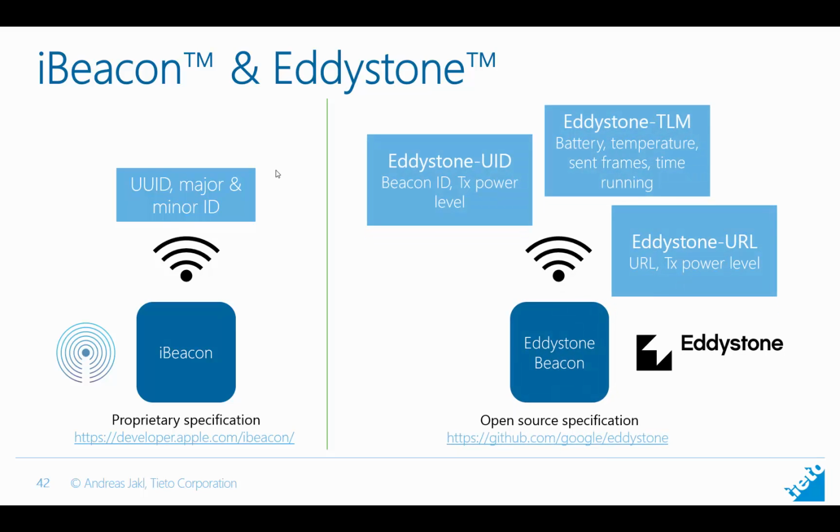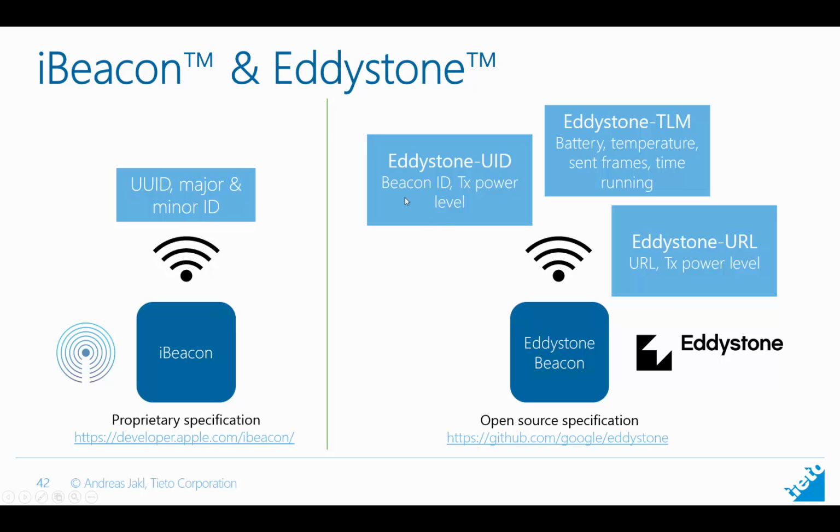A bit different is the Eddystone specification, which is released by Google. It's an open source specification released under the Apache license, and it is pretty similar, but more powerful actually than the iBeacon specification, because according to the current state, it allows to transmit 3 different frames. So the first one is the beacon Eddystone UID, which is pretty similar to what the iBeacon can do.